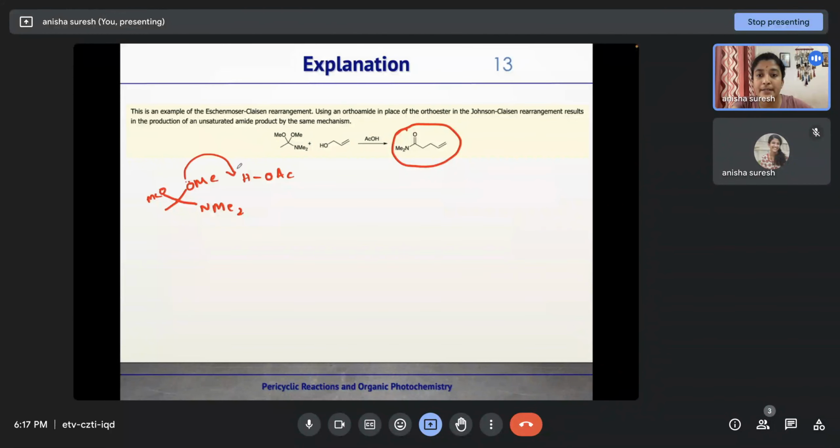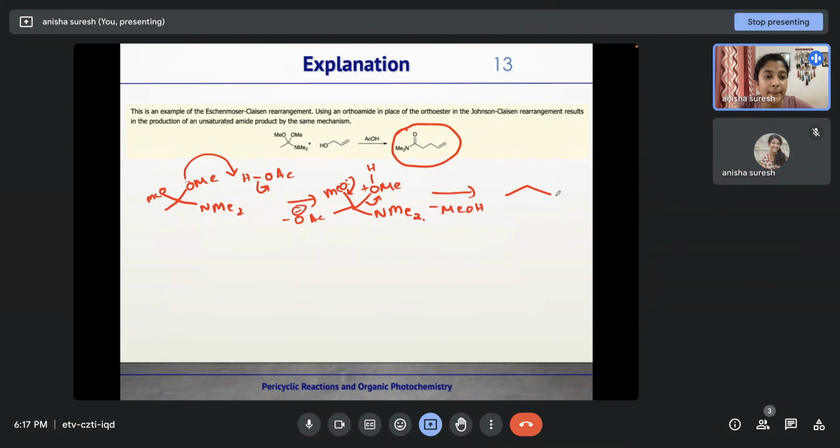This lone pair will abstract this proton and OAc will leave, and we will be getting OMe, OMe, H plus, NMe2. Then this lone pair will fall down. This will get removed. So minus methanol, minus OAc minus.